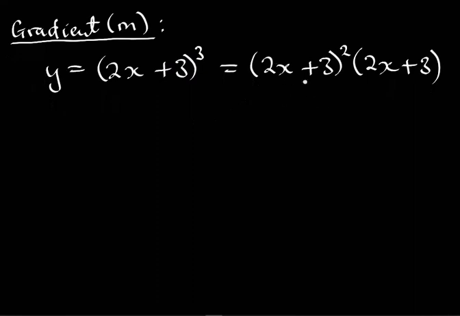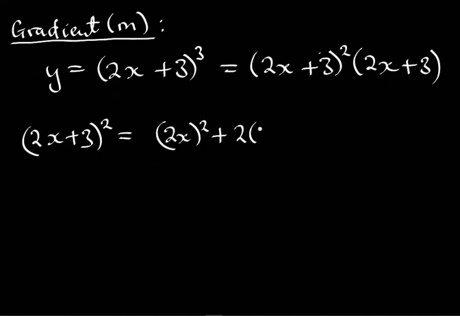So we have this here. We can easily work with this part here. 2x plus 3 squared is equal to 2x squared plus 2 multiplied by 2x times 3 plus 3 squared.